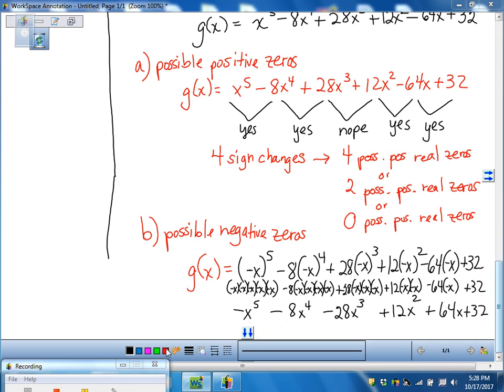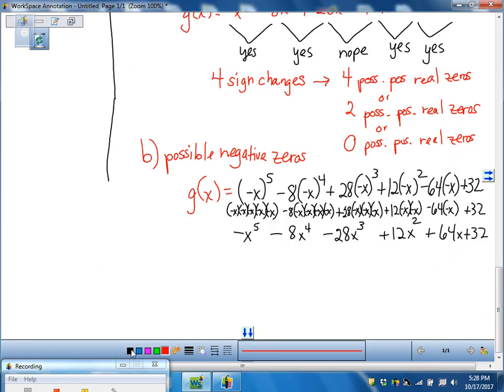So now we are looking for our sign changes, because it's Descartes' rule of signs. So let's look. Right here, negative to a negative, no sign change. Negative to a negative, no sign change. Negative to a positive, yes, we have a sign change. So far we've got 1.